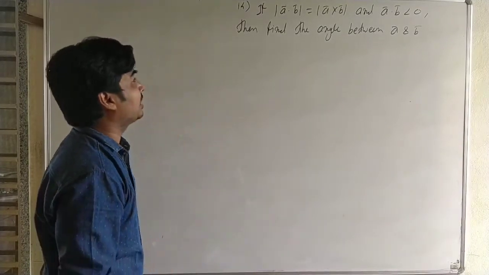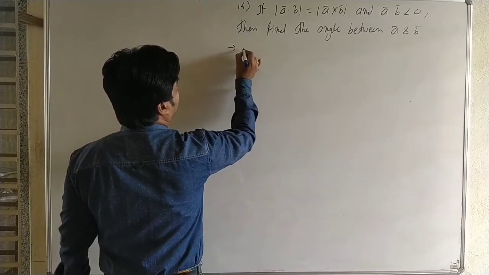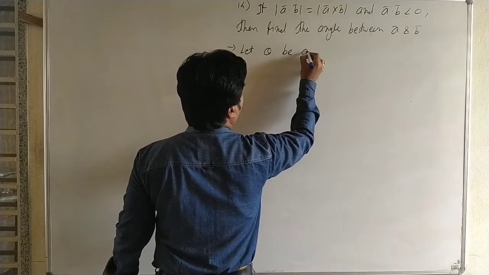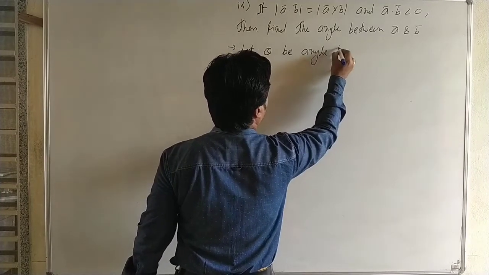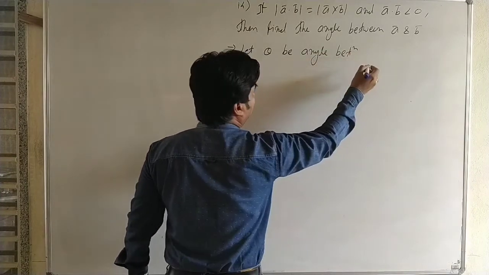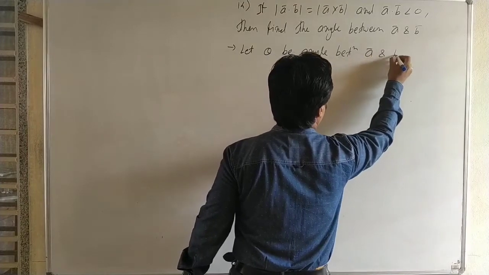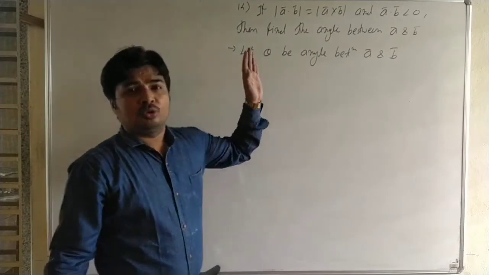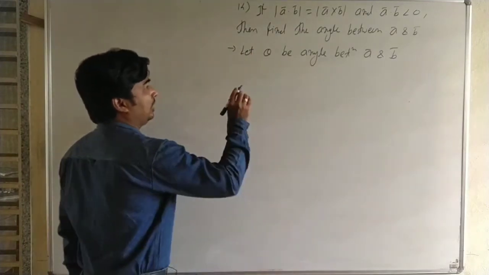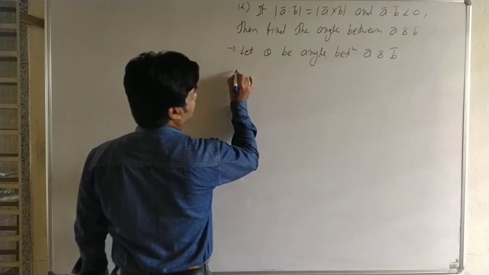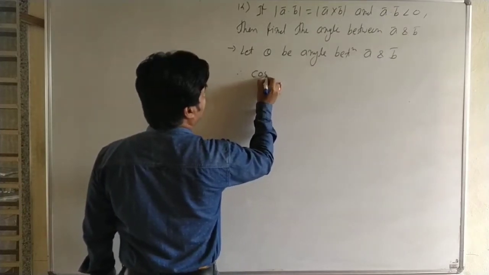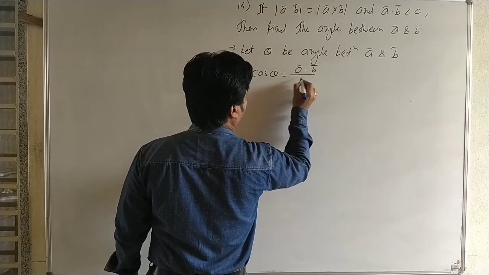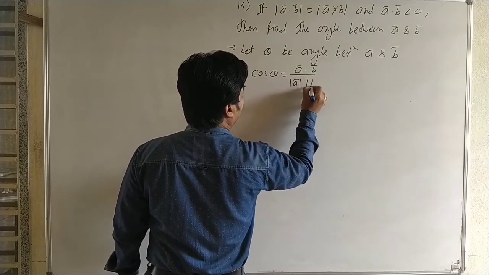Now here, let theta be the angle between a bar and b bar. Here it is given that the dot product is equal to the magnitude of the cross product. Cos theta is equal to a bar dot b bar upon magnitude of a bar into magnitude of b bar.